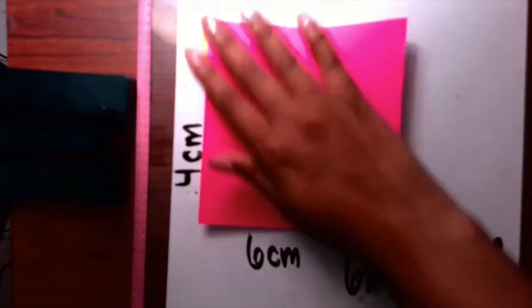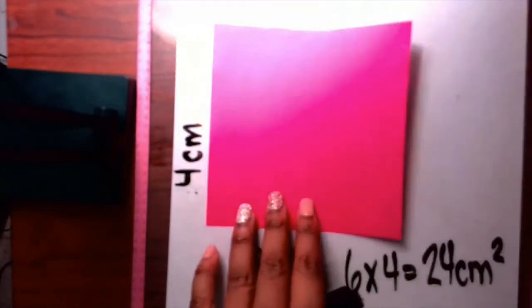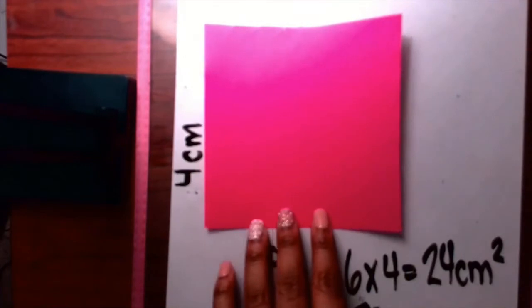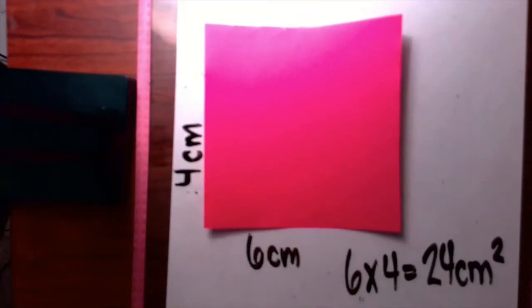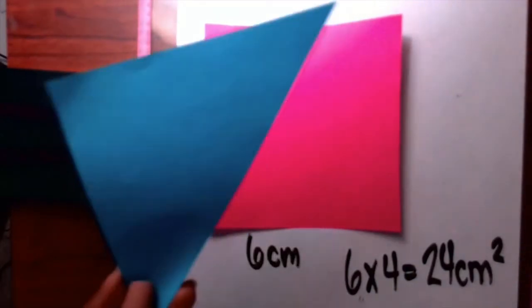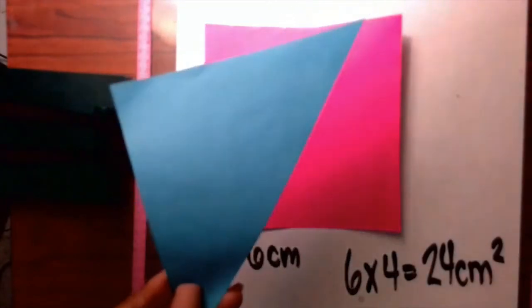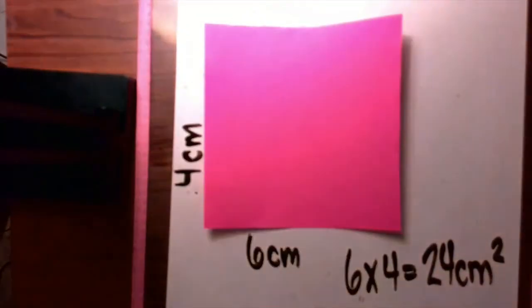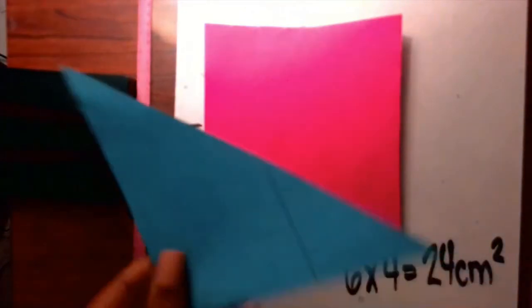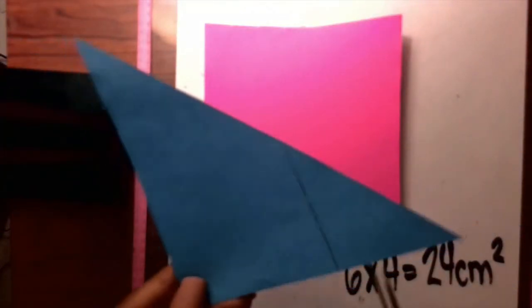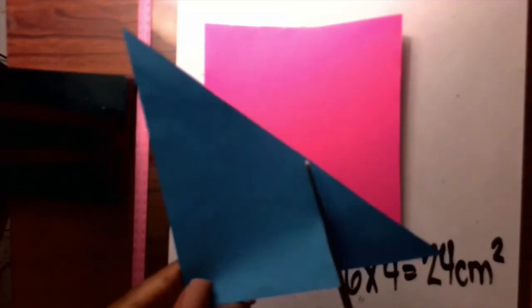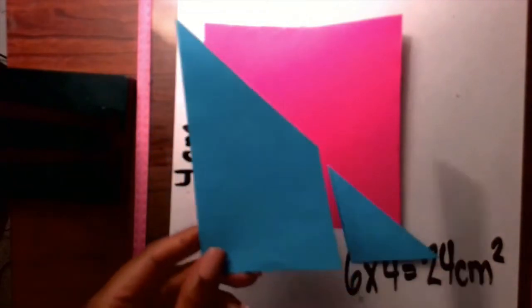Here again, and I'm going to move this piece just for a second. Here again, we have a square. Here I have a triangle. Now we're going to say that this triangle represents half of the square. And I'm going to show this to you in a different way by cutting my triangle.